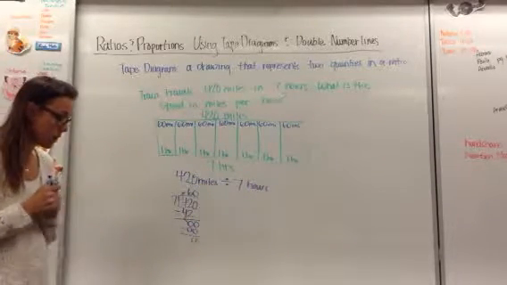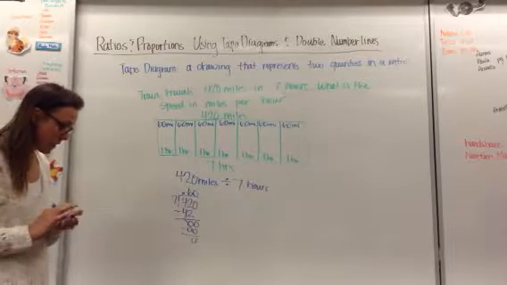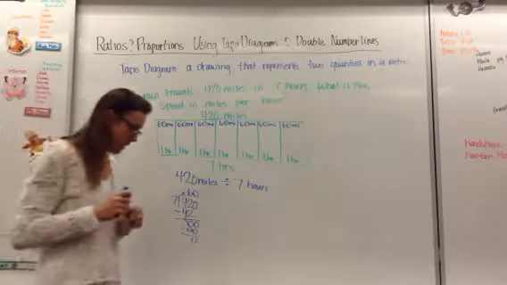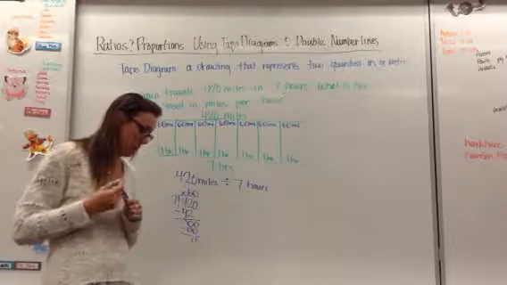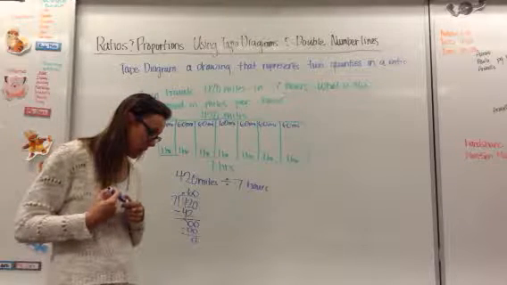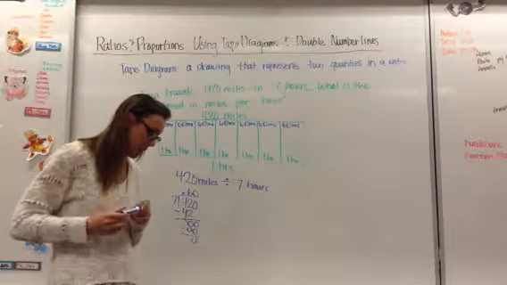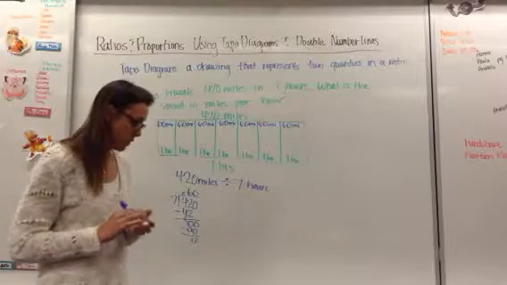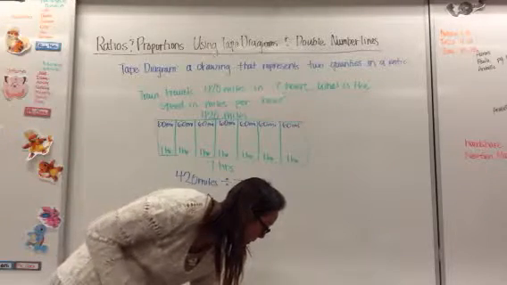So that's how we can use a tape diagram. Okay, now we're going to do one that involves a double number line.